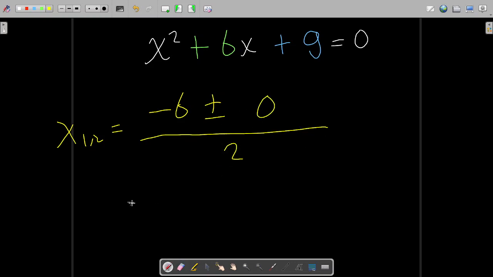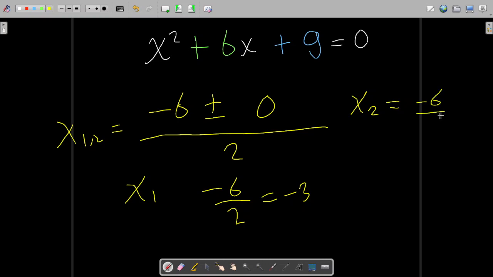So the first root is negative 6 plus 0, which is just negative 6, over 2 is equal to negative 3, and the second root is when negative 6 minus 0 is still negative 6, over 2, this is still negative 3. So we can see that there is only one type of root, which is negative 3.